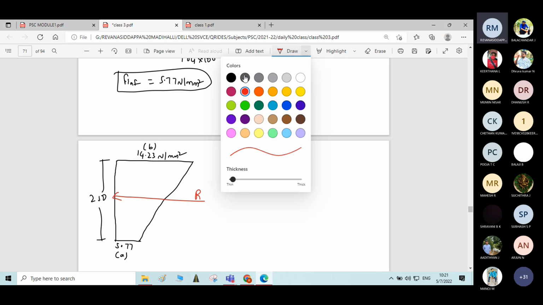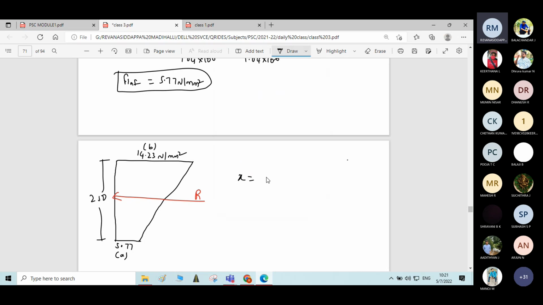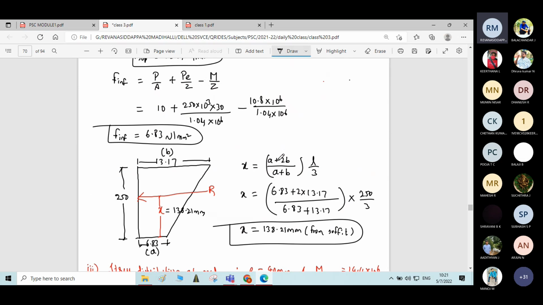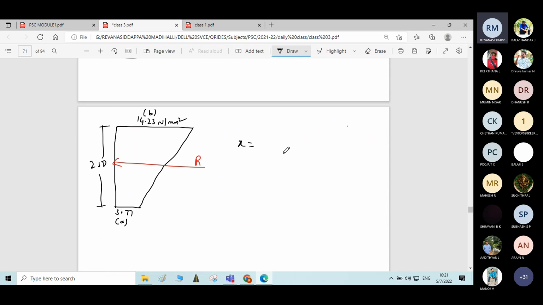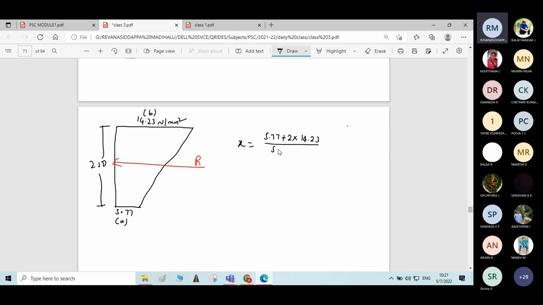Same formula we have to use: X is equal to (A plus 2B) divided by (A plus B), into L by 3, where A is equal to 5.77 and B is equal to 14.23. Therefore, it is 5.77 plus 2 into 14.23, divided by 5.77 plus 14.23, into L by 3, 250 by 3.